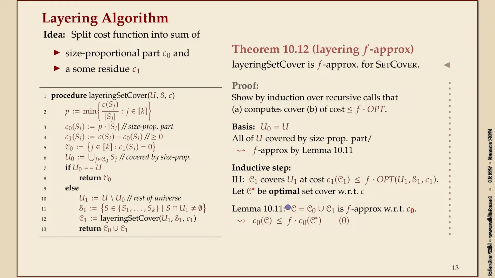So if I take what I pick and the recursively returned set cover, then with respect to Z0, that's an f approximation because that's forced to be size proportional. So I can remember this for later, that with respect to the Z0 cost, our produced solution here at the end is at most f times the optimal solution, but evaluated with the size proportional cost only. Okay, that's also easy.